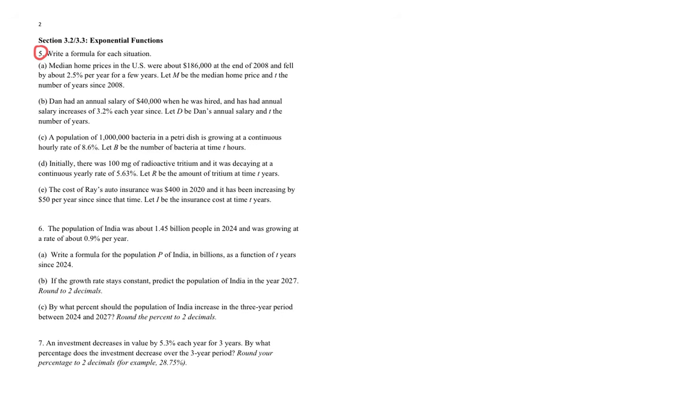So exponential functions. We know for decay, our formula is going to be our initial value times 1 minus r to the t. So for letter A, median home prices were about 186,000 at the end of 2008 and fell by about 2.5% per year for a few years. Let M be the median home price and T be the number of years since 2008.